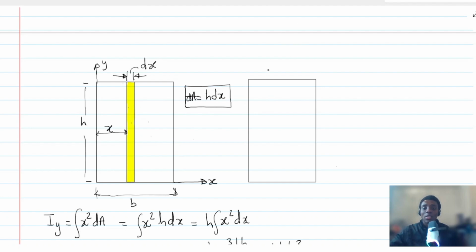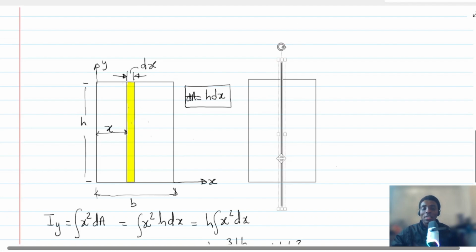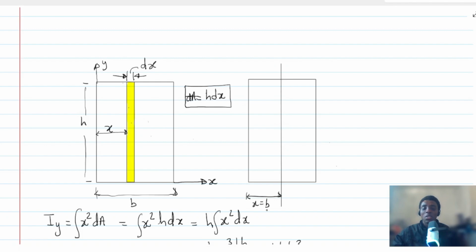So that axis will be somewhere close to the center, and that axis will divide it exactly into two. Let me put it exactly in the center. At that point, x will be exactly b/2. Okay, so we are saying that at the centroid, x will be b/2.